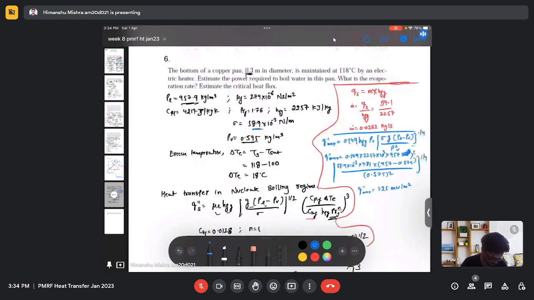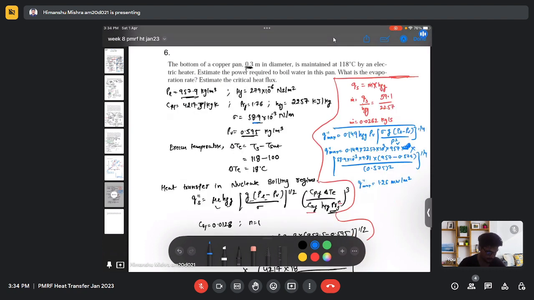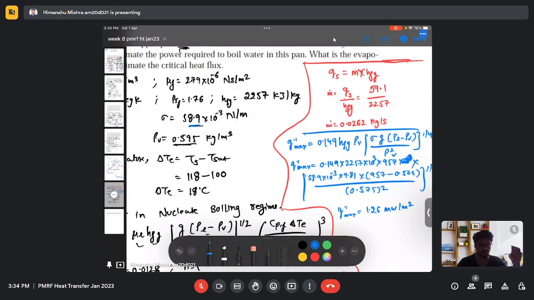So in this question, we have been given a diameter of the heater, and it is said that the heater is maintained at a temperature of 118 degrees Celsius, and we need to find the total heat transfer, the maximum heat transfer, which is the critical heat flux, and the evaporation rate, which is the mass flow rate, the amount of liquid that gets evaporated due to heating.